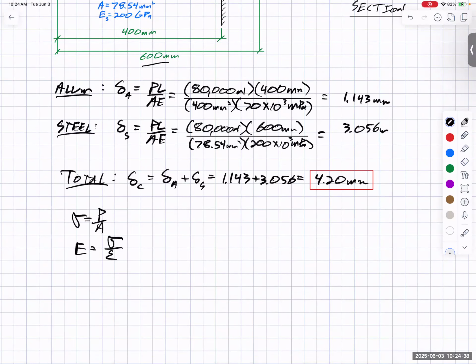And then from strain, I could find my delta is equal to the strain times the initial length, right? So basically what this does is it allows us to take all these principles and instead just go right in and say delta is equal to PL over AE, right? So just a much easier, simpler way instead of doing all those steps.